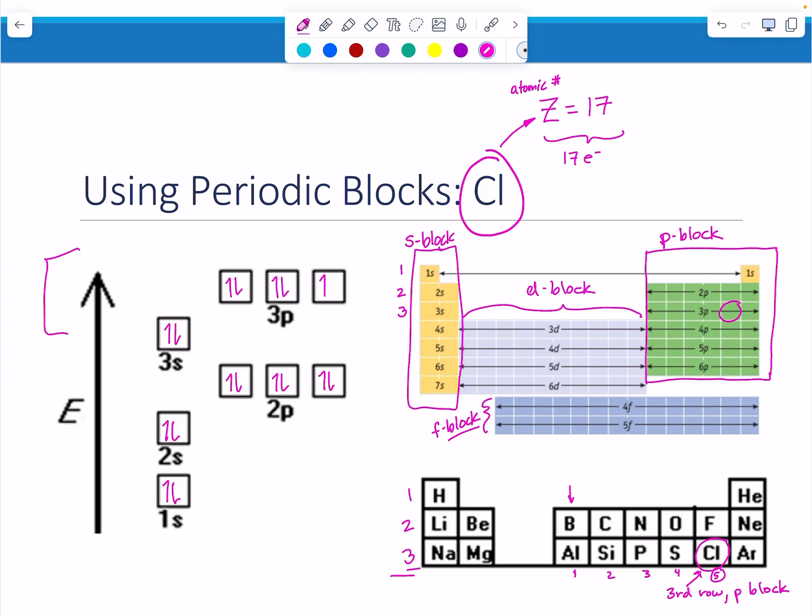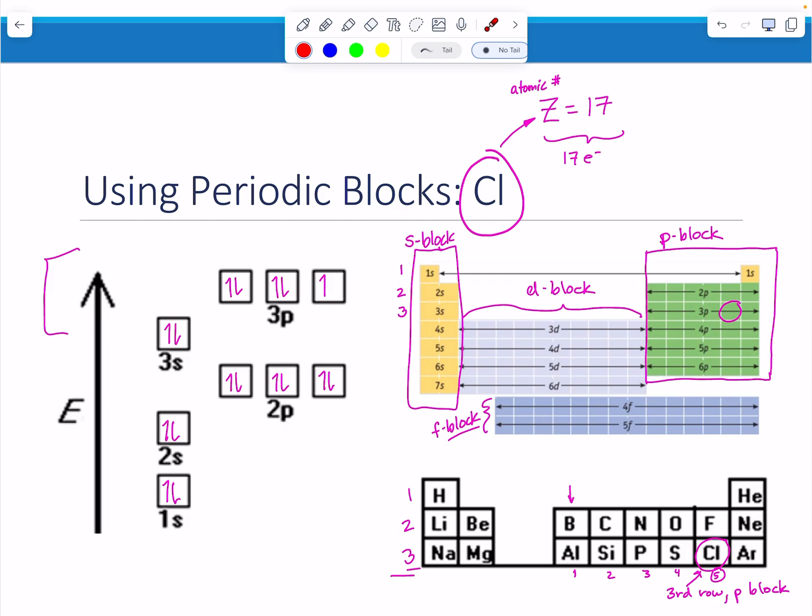We're going to double check by counting up the electrons, and we should have 17 electrons. So we've got 2, 4, 6, 8, 10, 12, 14, 16, 17. So we've got our 17 electrons placed. That would be how to do the orbital box notation for this.